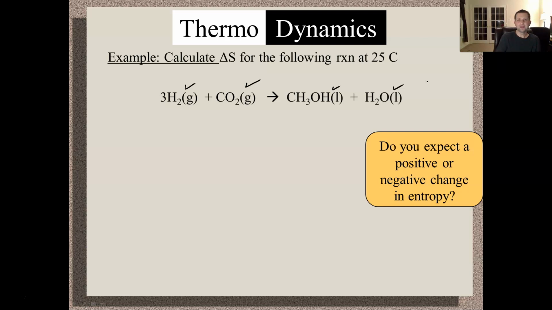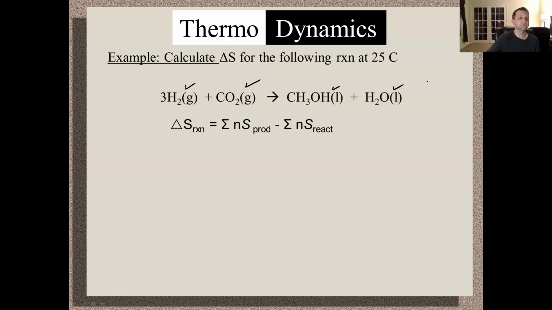So you've got to think about what the entropy change is going to be here. If your entropy change is positive, you have more disorder. If your entropy change is negative, you have less disorder. It's a more orderly process. And that's what it looks like is going to happen here. Let's see if that's actually true once we calculate it, see if we're right.